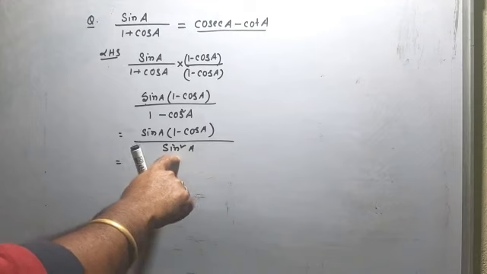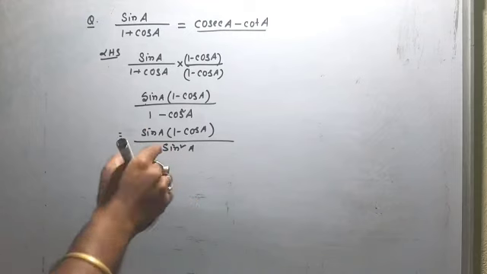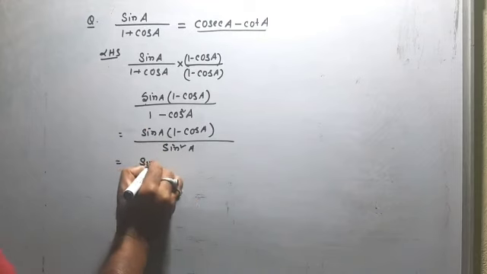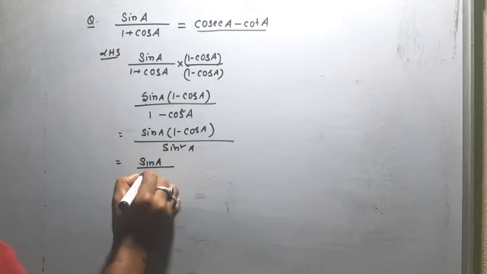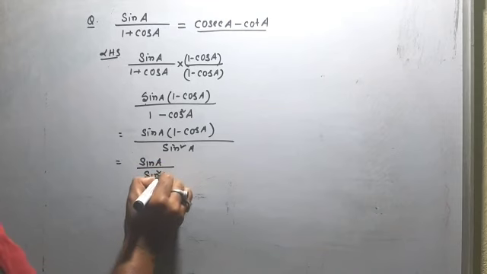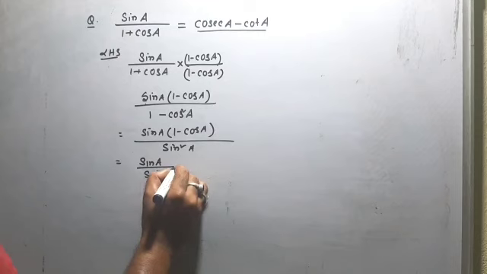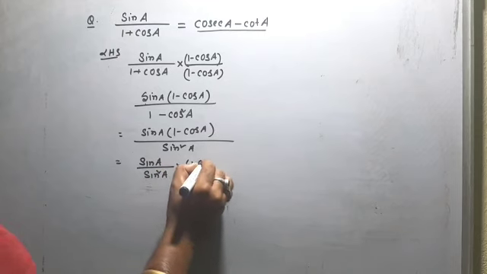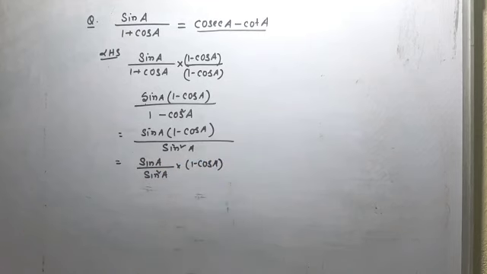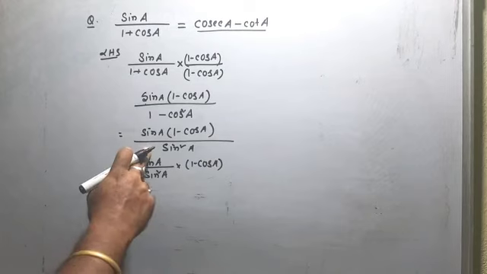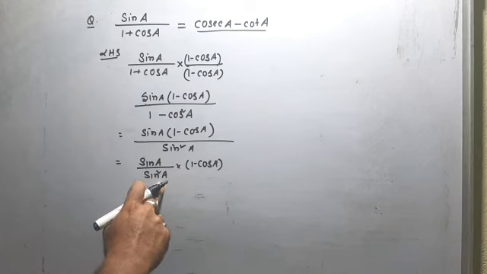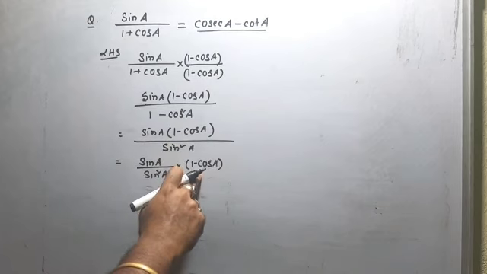So one sin a is cancelled out. So you can write like this, sin a by sin square a into 1 minus cos a.